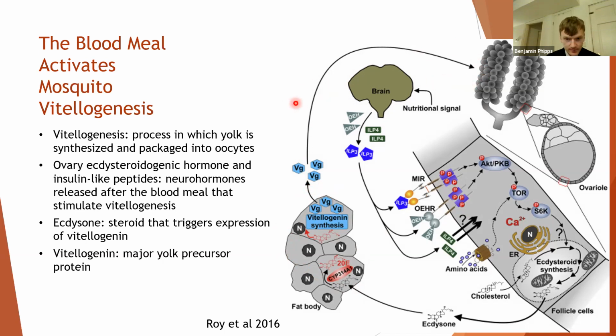Primarily these endocrine processes have been worked out in Aedes aegypti, which is sort of the model mosquito, but it's unknown to what extent this is conserved in Anopheles mosquitoes, which are the really important mosquitoes because they transmit malaria.